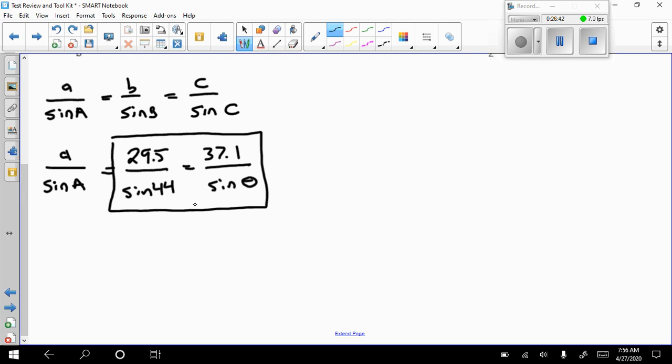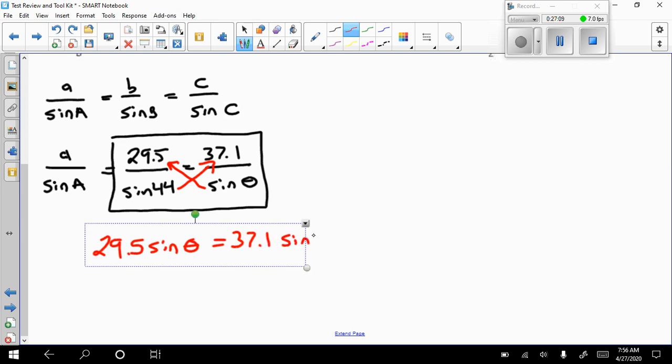And so look at this. I'm going to quickly rearrange this before I solve anything. And we have this little technique where, look at this. I can cross multiply. I'm going to multiply my sine theta up there. And I'm going to multiply my sine 44 up there. And so you end up with 29.5 sine theta, just by cross multiplying, equals 37.1 sine of 44.